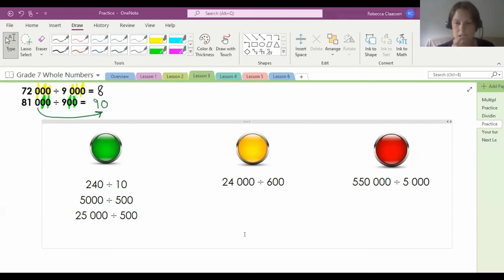Ma'am, are we only supposed to do the green one? Nope, you can move on to the orange and the red when you finish the green.